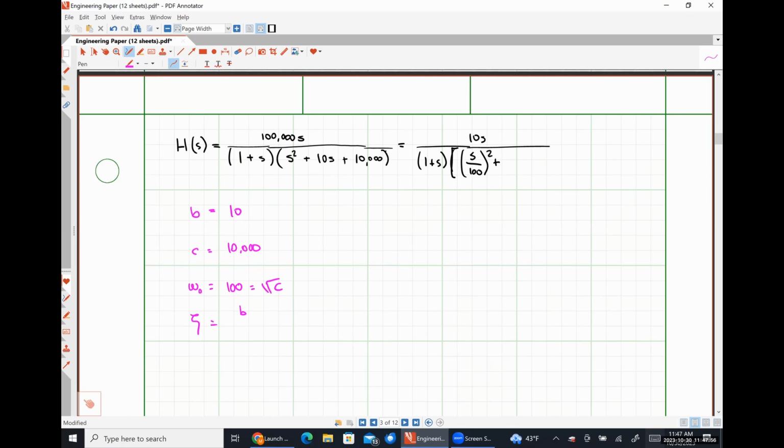B was 10. Sorry. C was 10,000. ω₀ is 100, which is just the square root of C. Zeta is B over 2 square root of C. So zeta would be 10 over 200. 10 over 200 is 1/20th or 0.05.